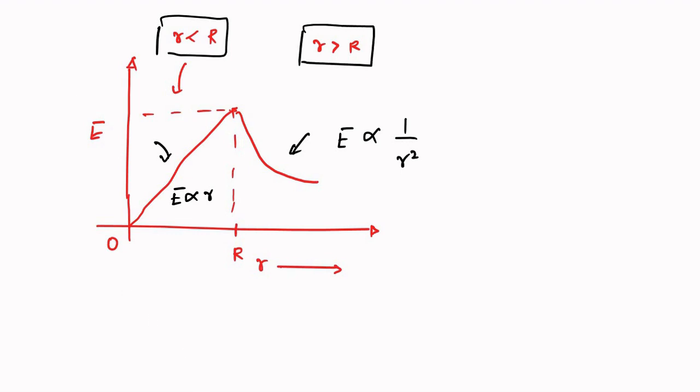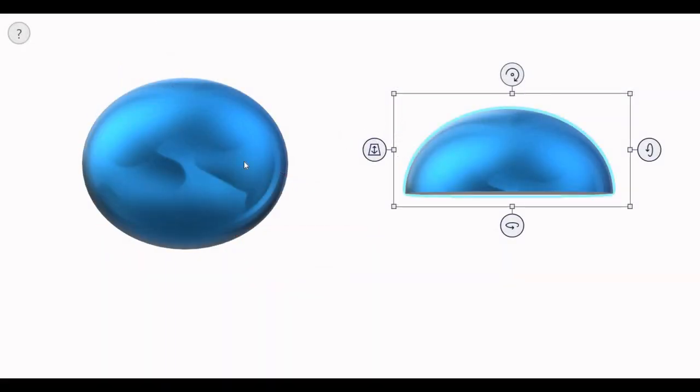Okay, so here we have done. So let us try to understand this whole situation first. Here we have a uniformly charged sphere, positively charged throughout.